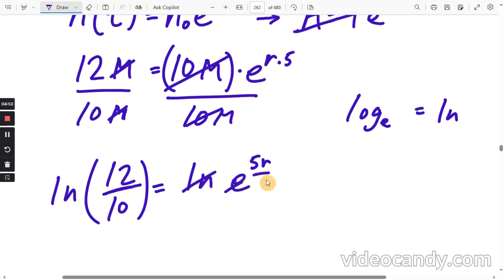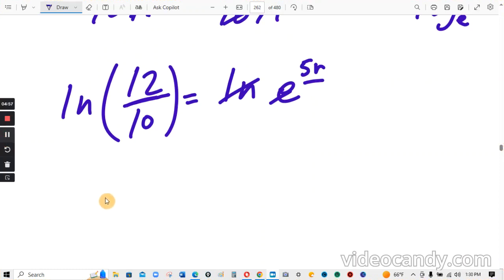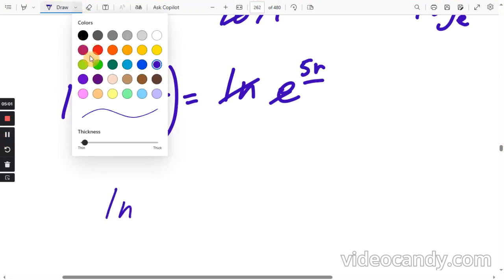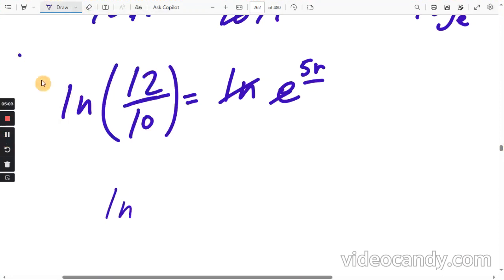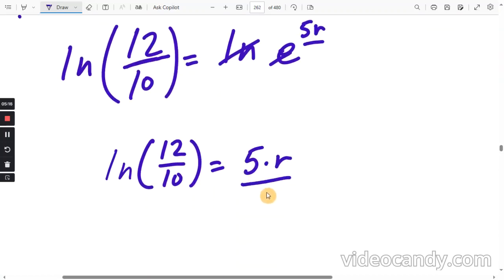We're left with the exponent of 5r. So we have ln of 12 over 10 equals 5r, or 5 times r. The opposite of times 5 is divided by 5.